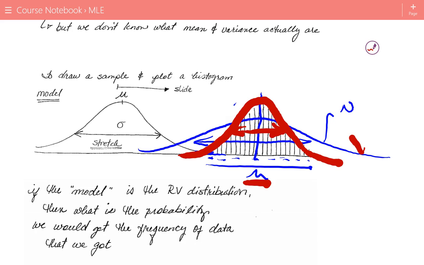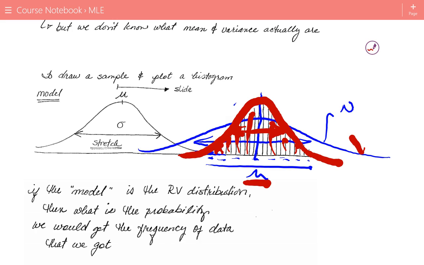So basically what we've done is we have moved the distribution around and stretched it back and forth until it was a distribution that would make the data that we actually got, which is the histogram here, very highly probable.